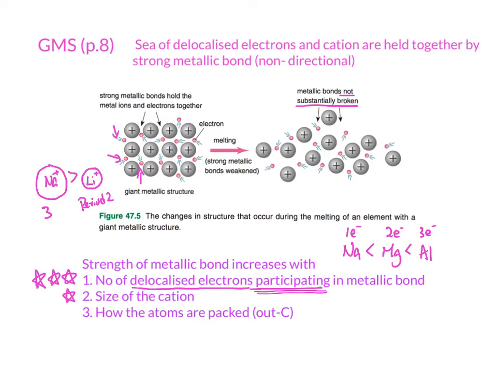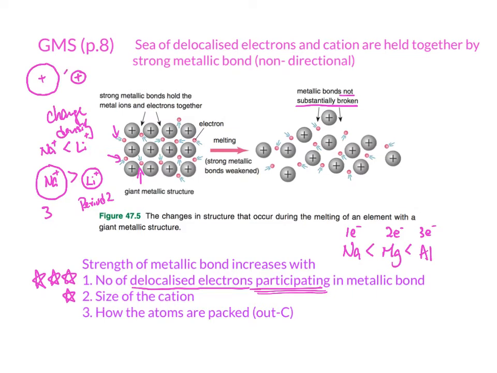If we say lithium is smaller, the charge density of lithium will be higher than that of sodium, because lithium is smaller, so the positive charge is more centralized in the middle, while sodium has a larger cation size, so the charge is more dispersed.